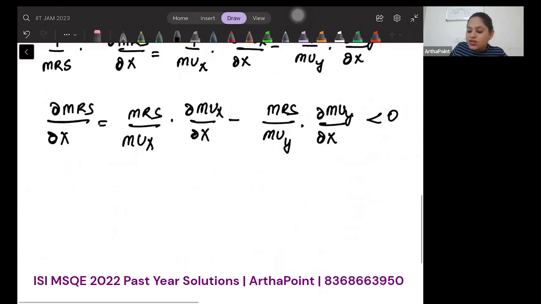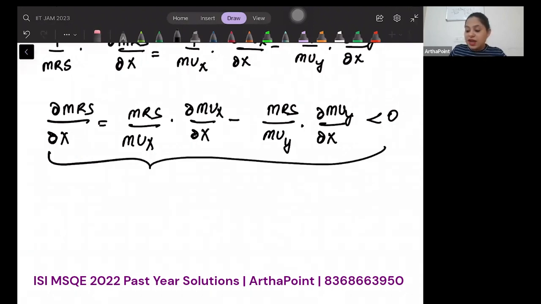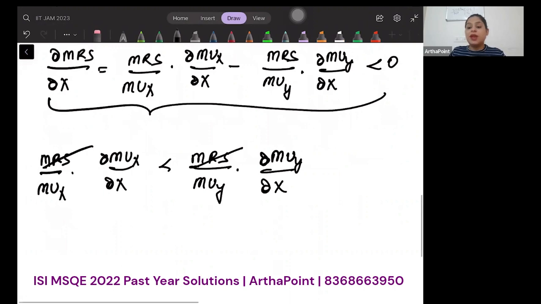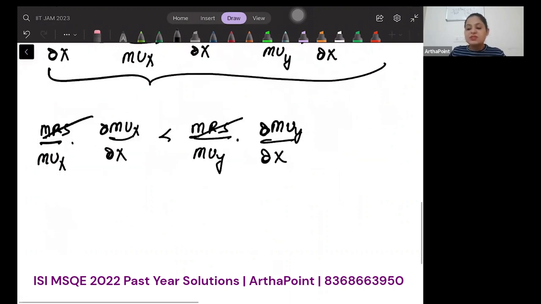So if I want this to be negative, what is the condition I will have? I will have MRS by MUX del MUX by del X less than MRS by MUY del MUY by del X. Even if I cancel this out, this is the condition that I will have, right?